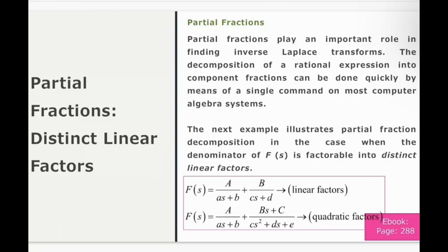The decomposition of a rational expression into component fractions can be done quickly by means of a single command on most computer algebra systems. If you use the computer, then it is very easy to decompose the fraction into partial fractions, but because we are doing the exam in the hall, you cannot use any computers, so we need to do it by hand.